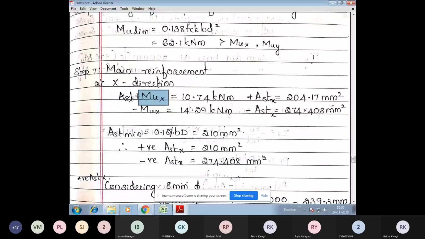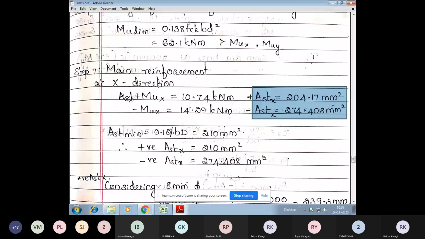Now we need to consider this value and compare it with Ast minimum. In order to calculate Ast minimum, as already discussed, we need to check whether it is an HYSD bar to be used or mild steel. If it is an HYSD bar, Ast minimum is equal to 0.12% of BD.